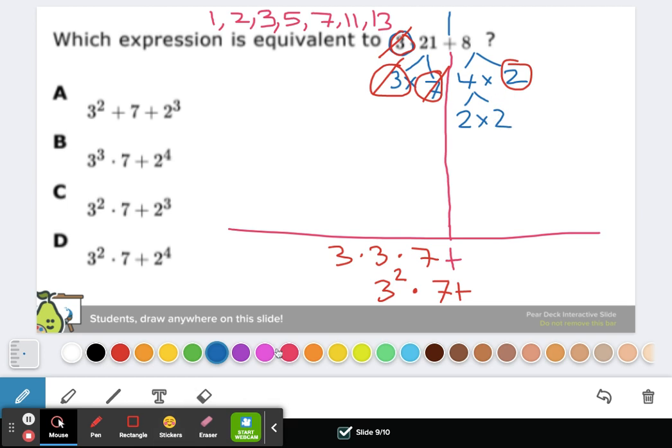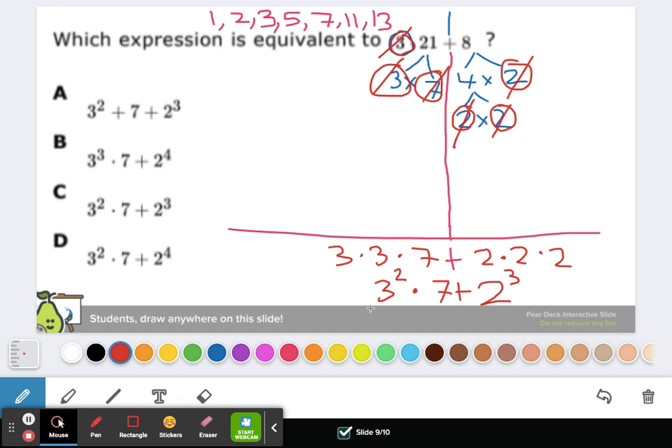And then I need to think in that line, do I have any prime numbers? And I do, because 2 is prime. So I'm going to circle that. So then when I rewrite it down here, I'm going to write 2 times 2 times 2. Okay, so 2 repeats 3 times, so that means I'm going to write a big 2 to the power of 3, or 2 cubed.